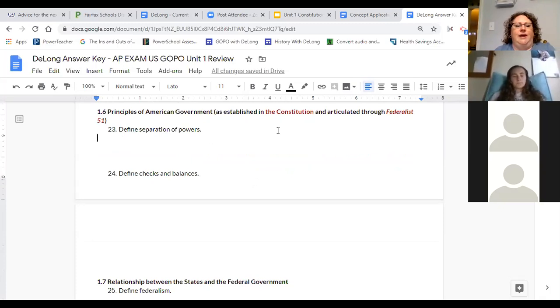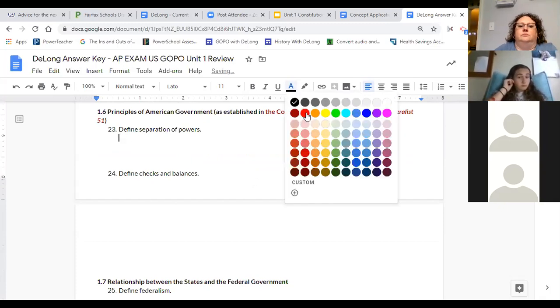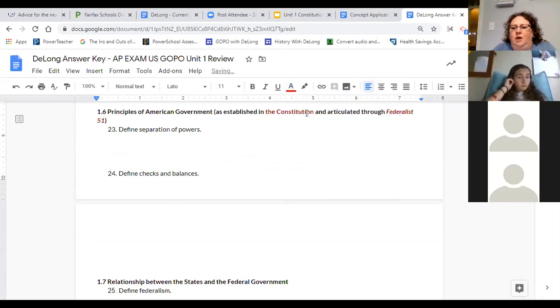So, what is separation of powers? This is one of our main ideas of American democracy, of the Constitution. This is the kind of stuff I think you're going to see questions on. So separation of powers is the idea that each branch has distinct powers as laid out in the Constitution.